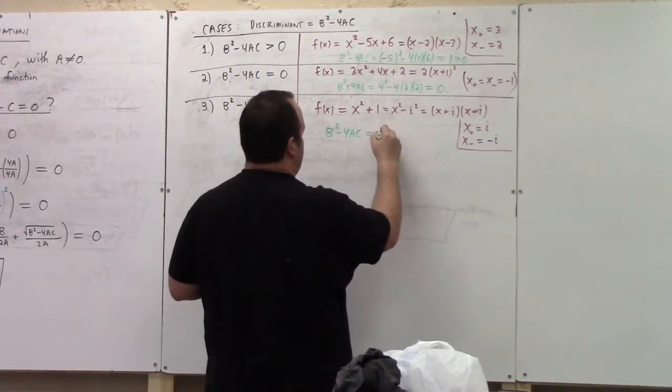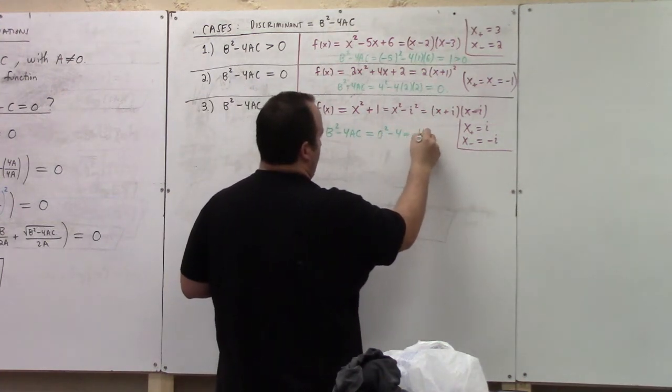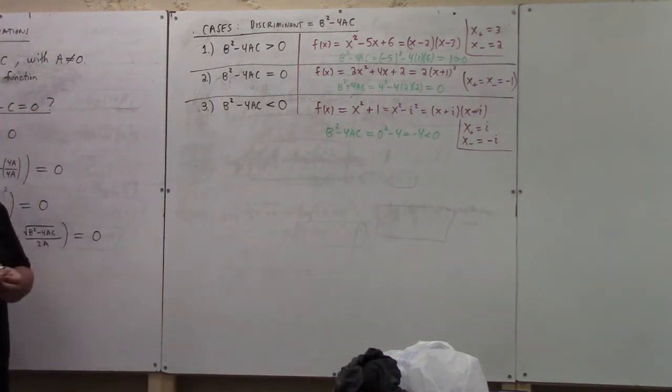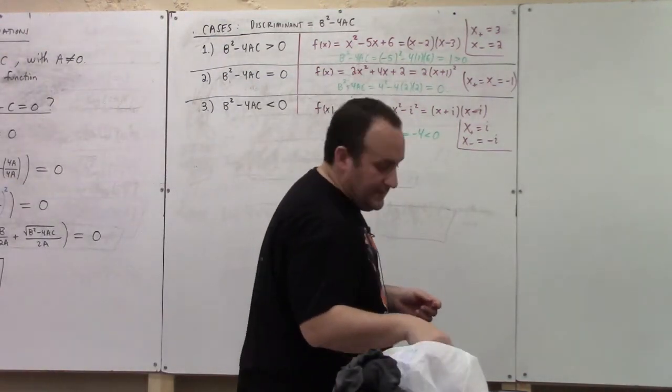In other words, 0 squared minus 4, which is minus 4, which is less than 0. Right? So if the discriminant is negative, that corresponds to the fact that the quadratic equation has no real solutions, right? But the quadratic equation always has some solution. It's just that it could be complex, and of course it could be repeated.